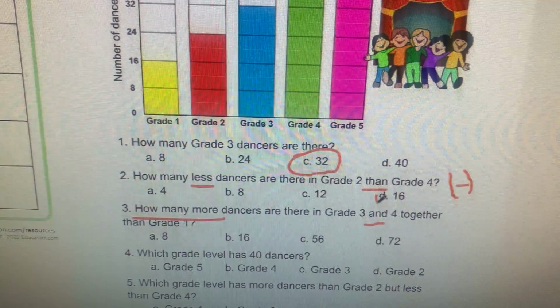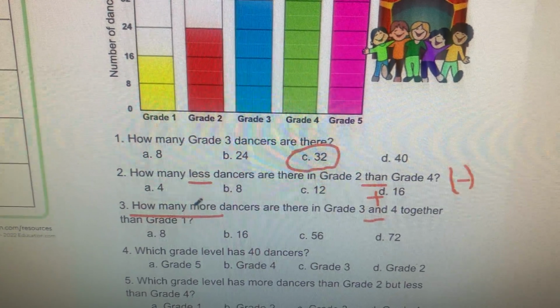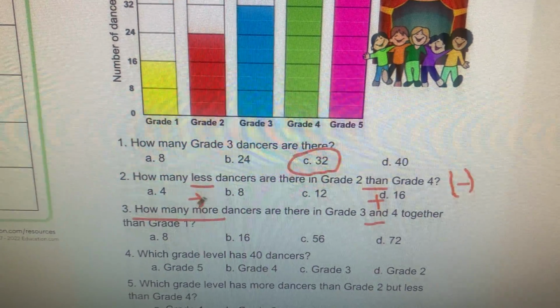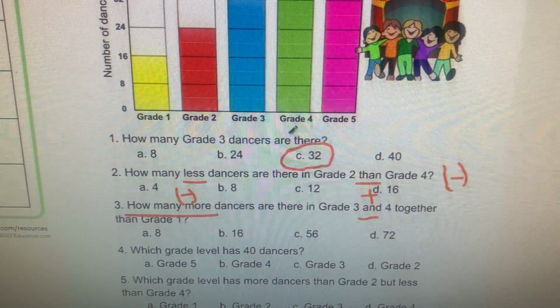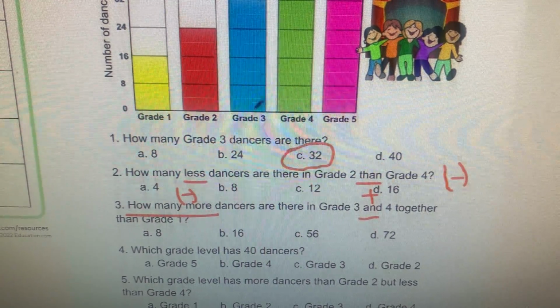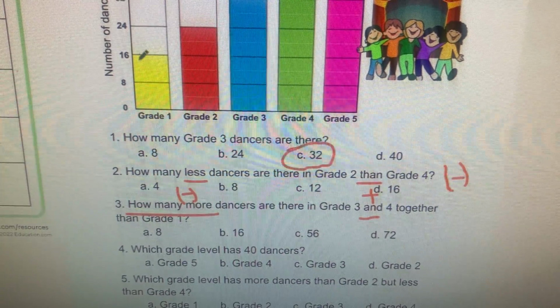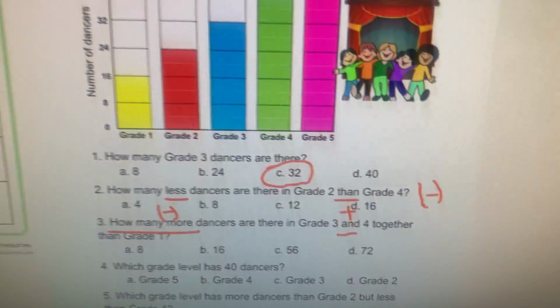We're going to add those 2 grades, and then how many more tells us that we have to subtract however much is in grade 1. Once we add these 2 numbers together, whatever these numbers are, we have to subtract the amount of students in grade 1, and that's going to give us our answer.